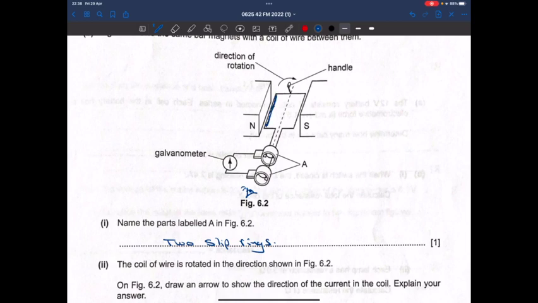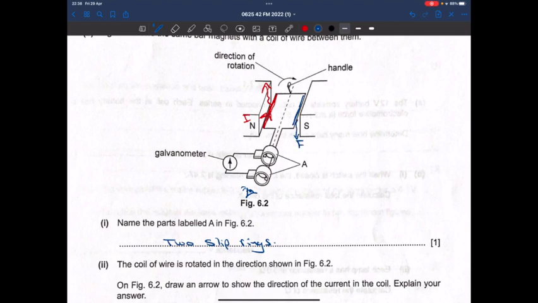This arm in red, let me make it in red. So when it comes to that arm, the arm is moving up. So my smaller finger will be directed up, and the other finger from N to S, and the longer finger will tell you the direction of the current. So the direction of the current will be into the page. This is I. If you do the same in the other arm here, the force is down.